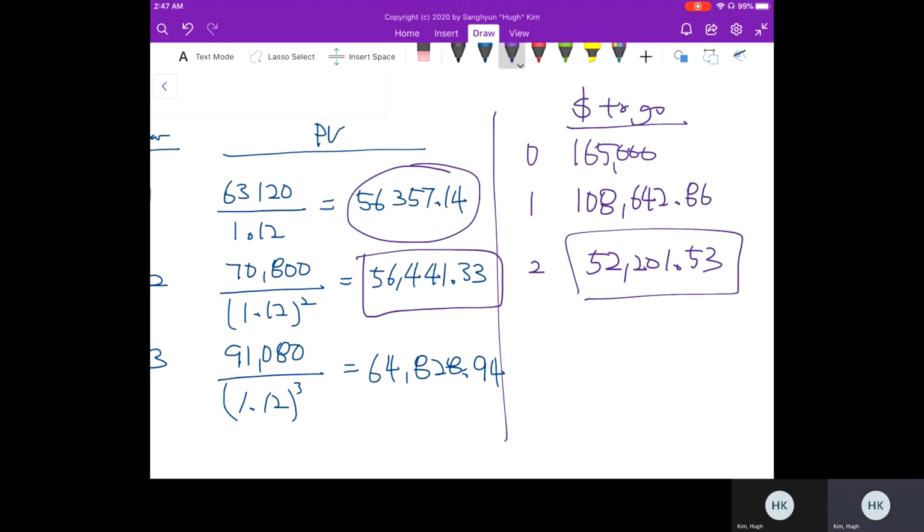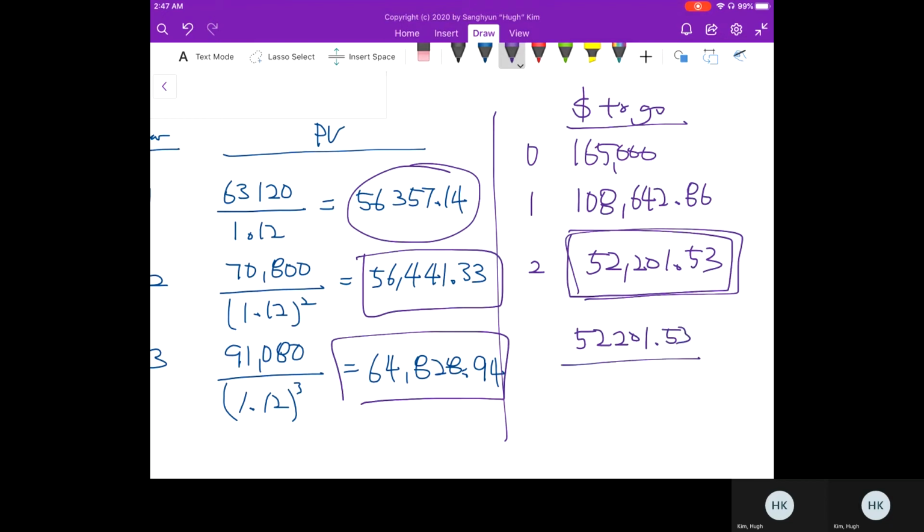So if you compare the remaining cost to the third year cash flow, then you see that we will need only a fraction of a year. So we compare these two numbers. We'll get 0.81.